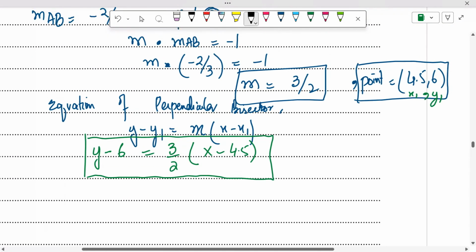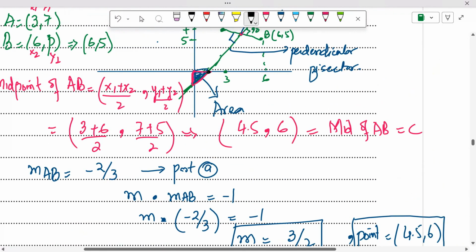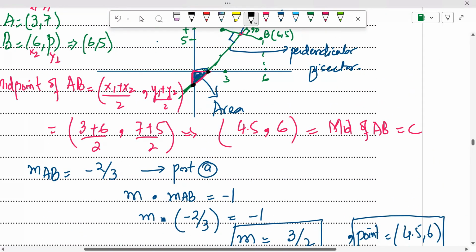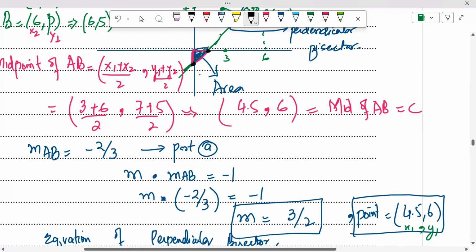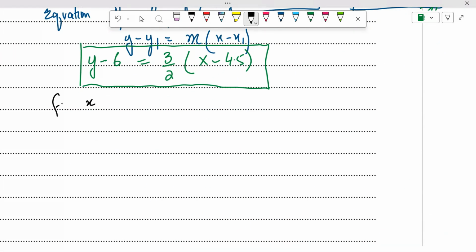Okay, this line is passing through the x-axis and y-axis here. So we need to find these points, so that by using these points we can find the area of the triangle. So for the x-intercept, y is equal to 0. So we have 0 minus 6 equals 3 over 2 times x minus 4.5.